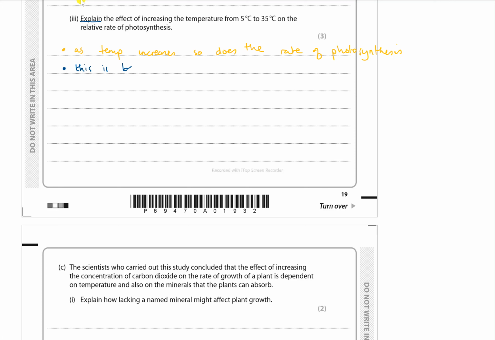This is because the molecules have more kinetic energy, and then it goes down the standard route, so you have more successful collisions per unit time. So this is a standard answer.